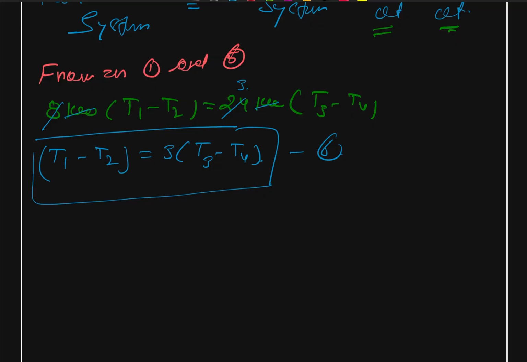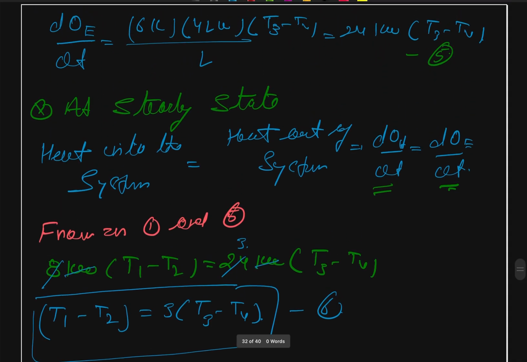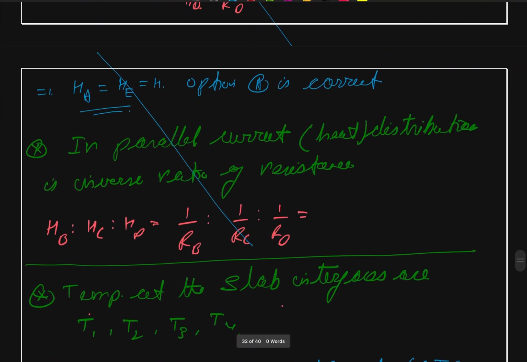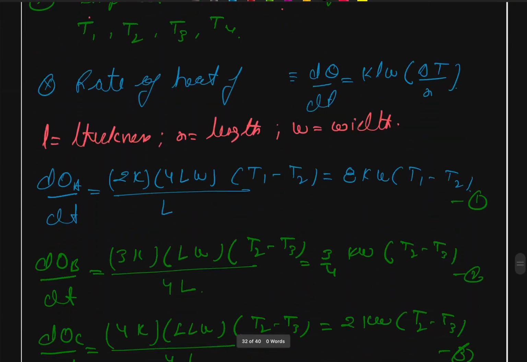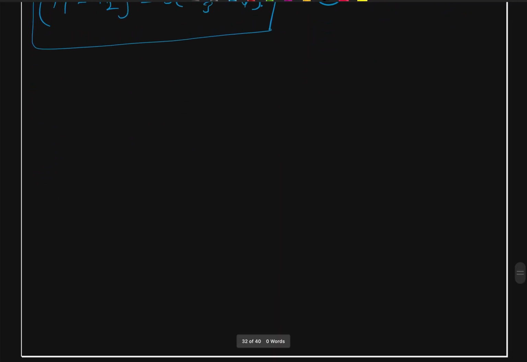And similarly, we can say that total heat that will be entering the system, let me draw it here only. So this is slab A, and the heat from the slab A is divided into 3 parts.